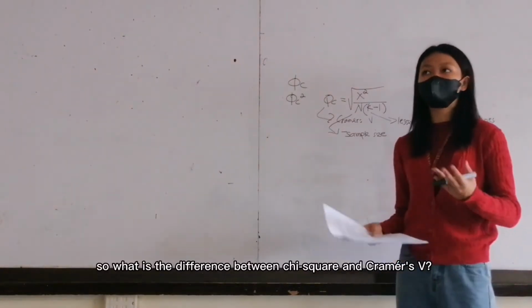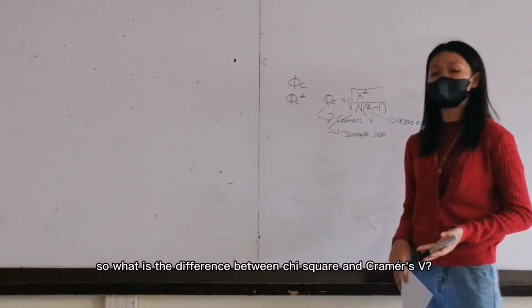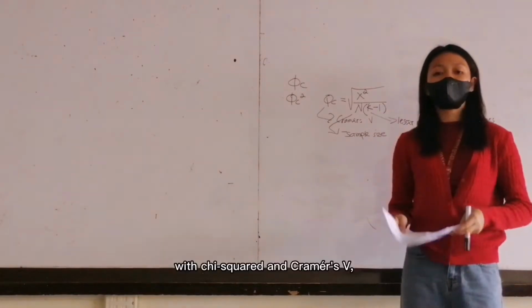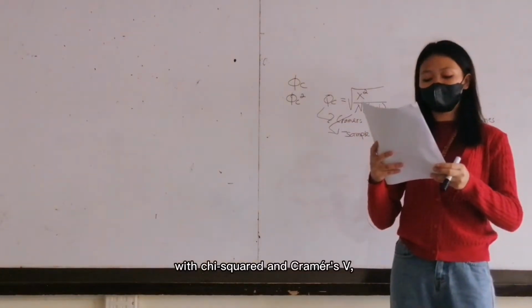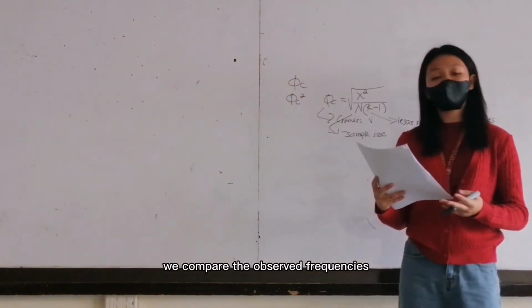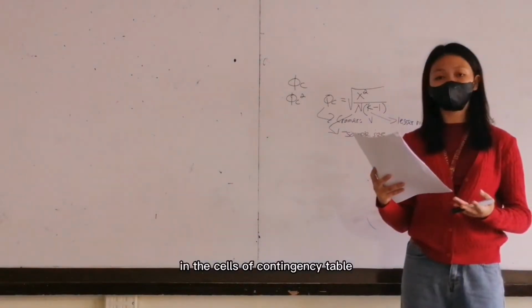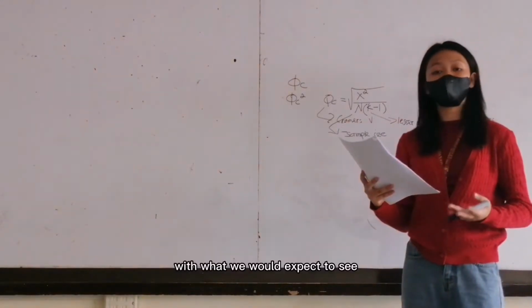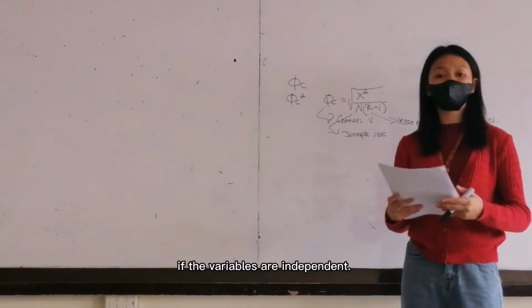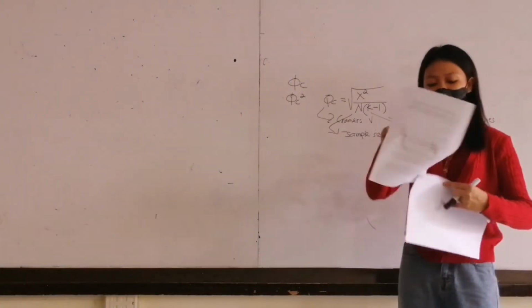So what is the difference between chi-squared and Cramér's V? With chi-squared and Cramér's V, we compare the observed frequencies in the cells of a contingency table with what we would expect to see if the two variables are independent.